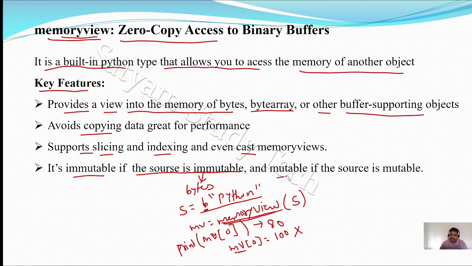For a mutable type, that means bytearray, you can use memoryview and it can change the value. So it is mutable if the source is mutable.